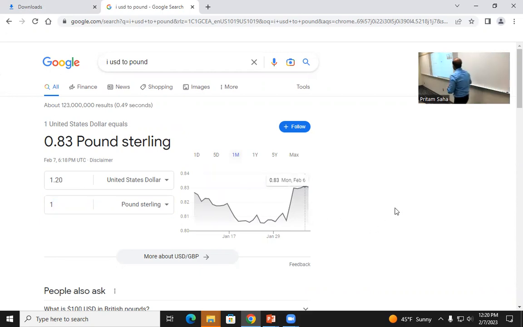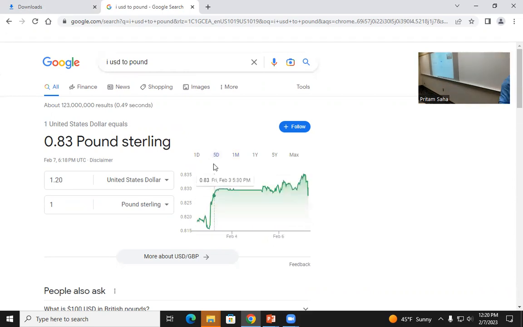If we look at this graph, it's trying to show you the spot rate at each specific point in time, right? Spot rate between USD and pound at each specific point in time. This is the 1 month graph, so you can play with 1 day, 5 day, something like that.